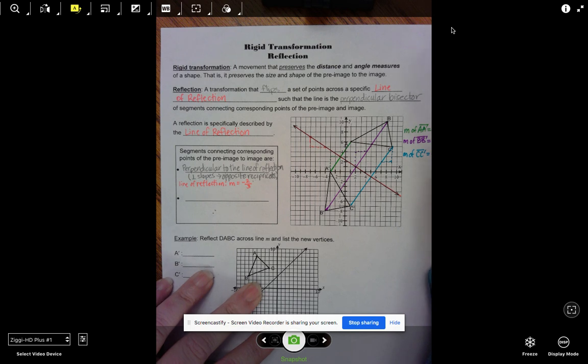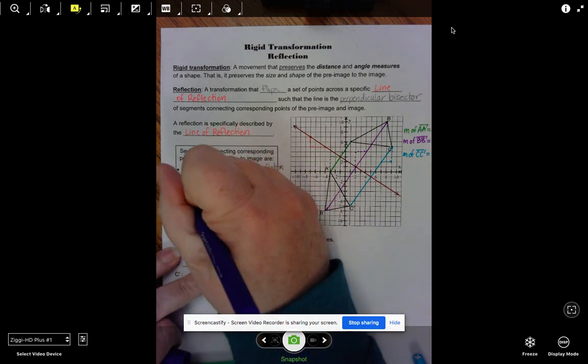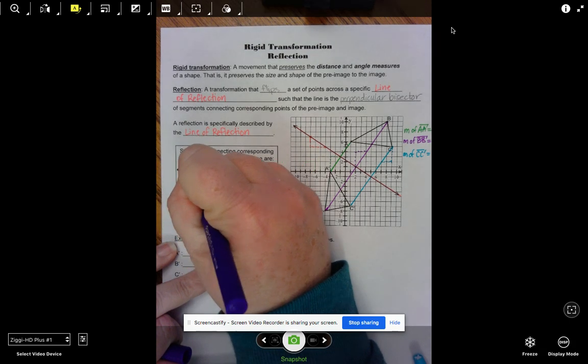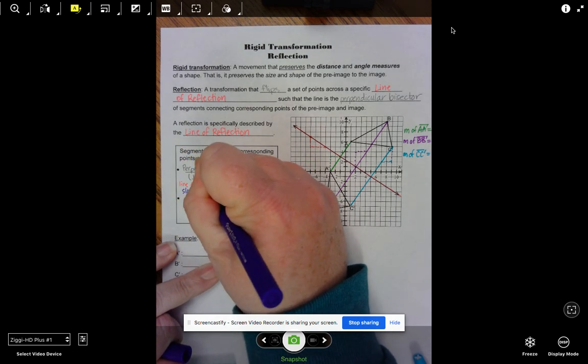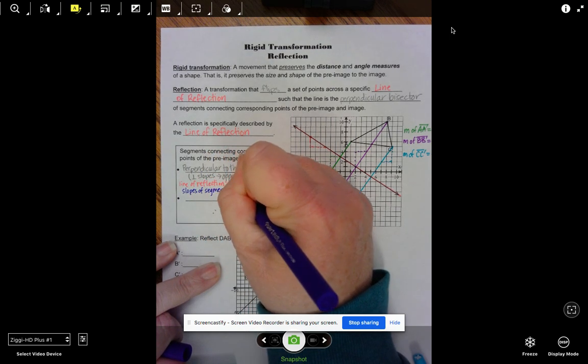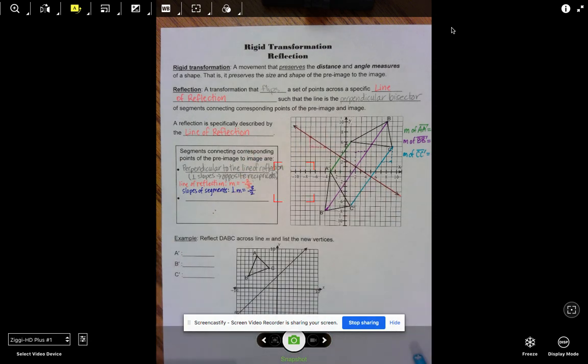Okay, we see that the slopes of the segments are perpendicular to the line of reflection, because they're opposite reciprocals.